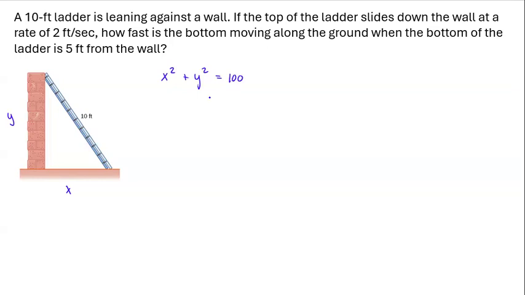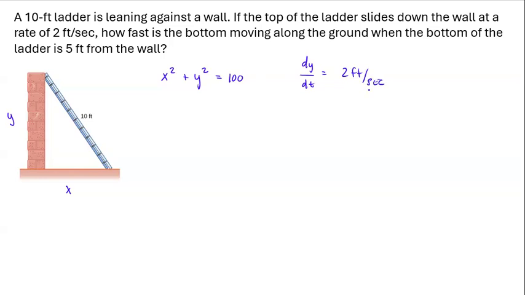And now let's take a look back at our problem, and we'll work to identify the components that were given to us. The top of the ladder is sliding down the wall at a rate of 2 feet per second. So that's going to represent a change in the y values with respect to time. So dy/dt will be 2 feet per second.